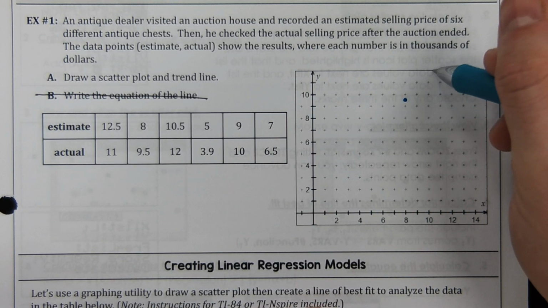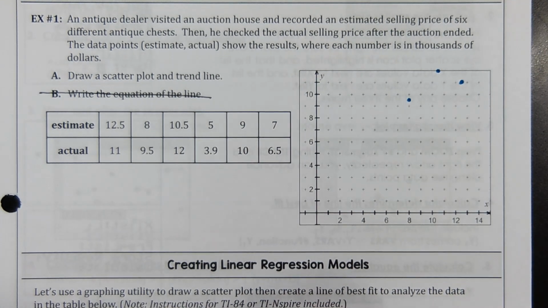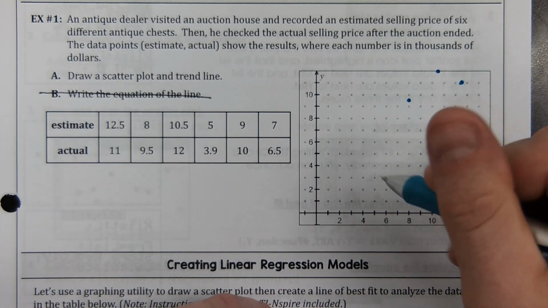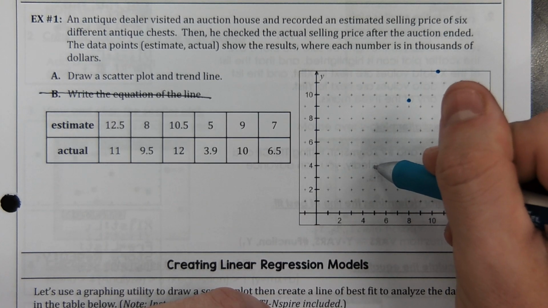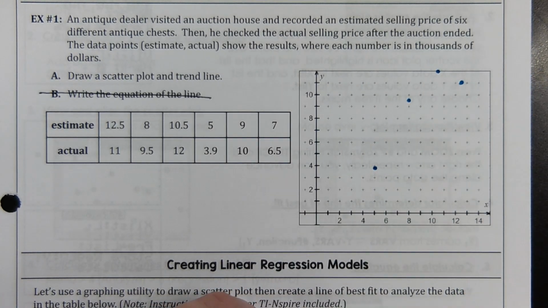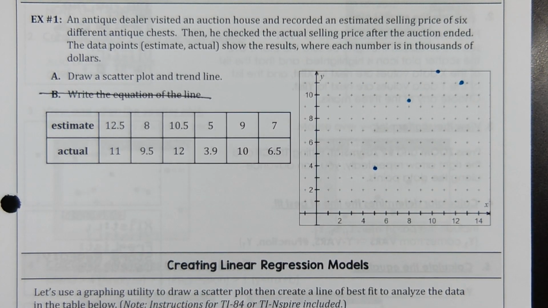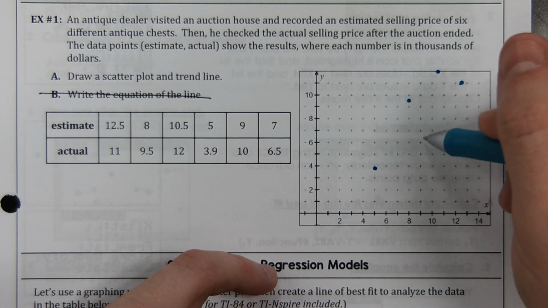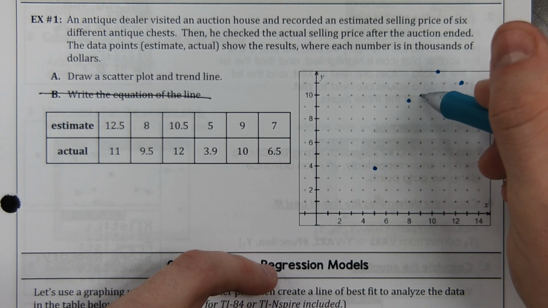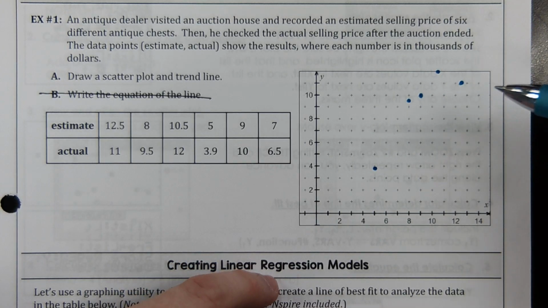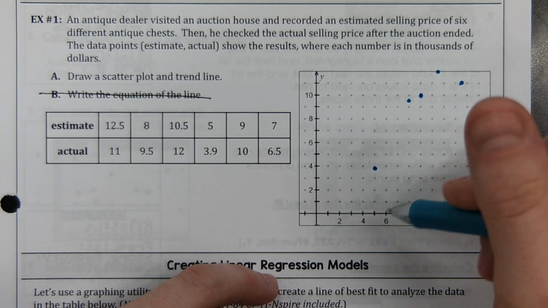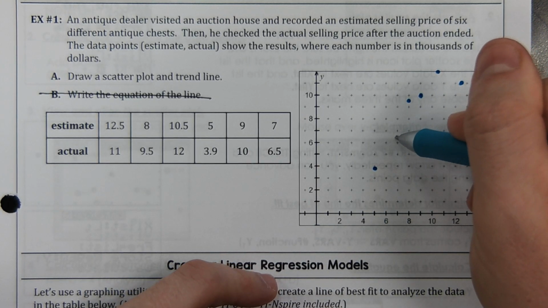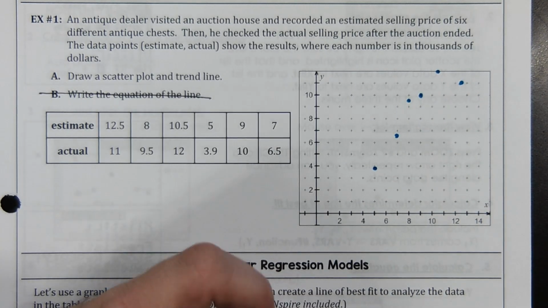This thing goes up to y equals 12, but barely fits. 5, 3.9 is there-ish. The dot's fat enough, it's hard to argue. 9, 10, at least those are whole numbers. And lastly, 7, 6.5. That is a scatter plot.